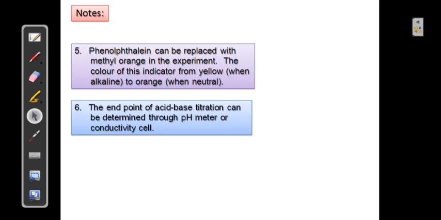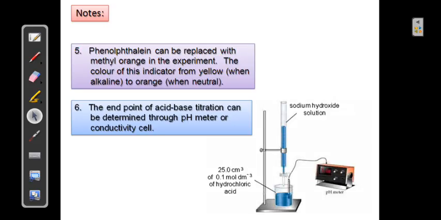So you can also use a conductivity test to determine the endpoint of titration. And of course you can also use a pH meter, which is so convenient, right? Today we don't need to do the difficult things. You just get a pH meter, dip the probe into the solution, and bingo, you have your reading right away. To be precise, it can be 7.2, 7.3, 6.8, 6.9, or exactly 7.0.